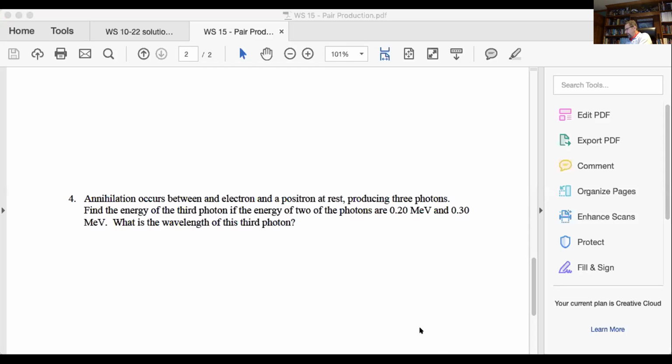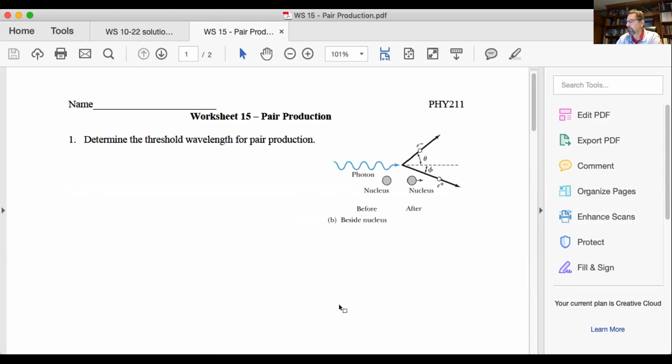Yeah, I added that. Equation. Really? Yeah.